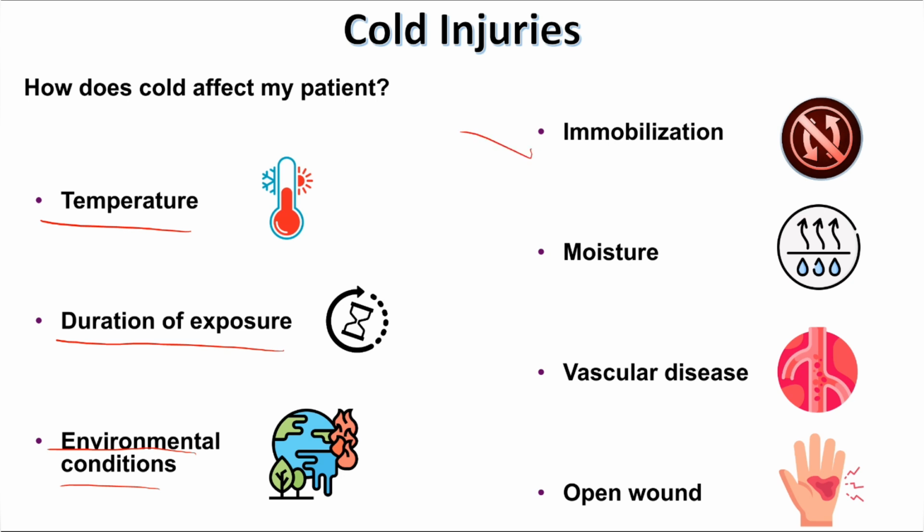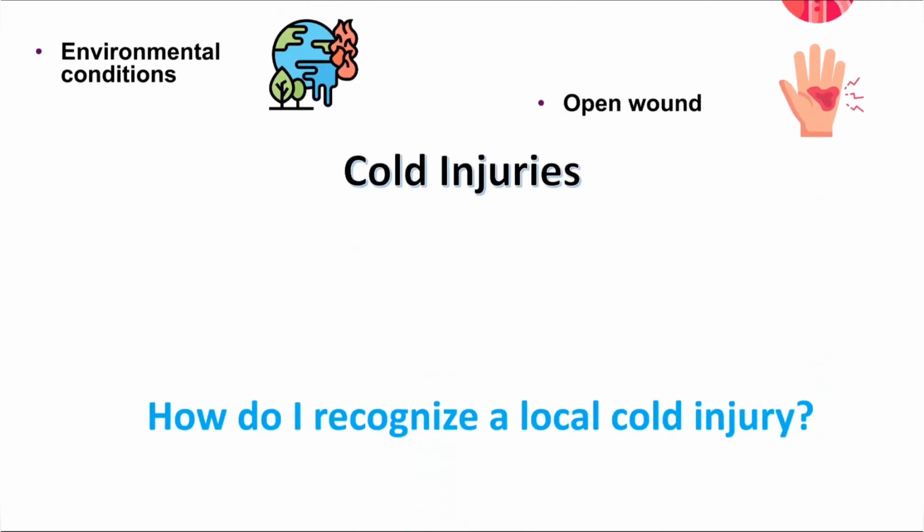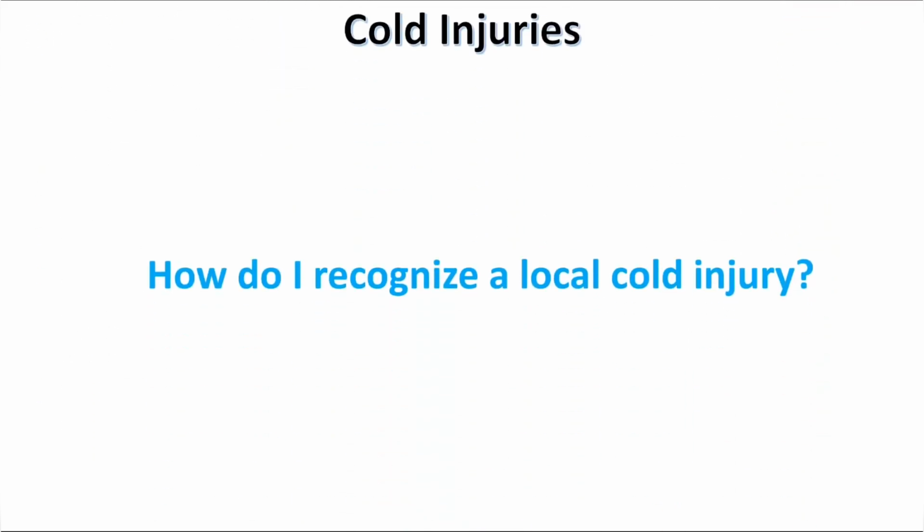Immobilization, how long the patient remained in that area, moisture, and also vascular disease. If the patient already has peripheral vascular disease, cold might lead to vasoconstriction, leading to more damage. And also open wounds, which are a good area for entry of infection.